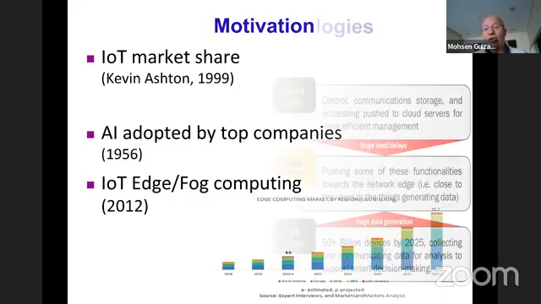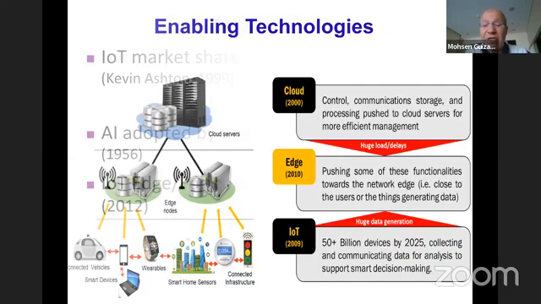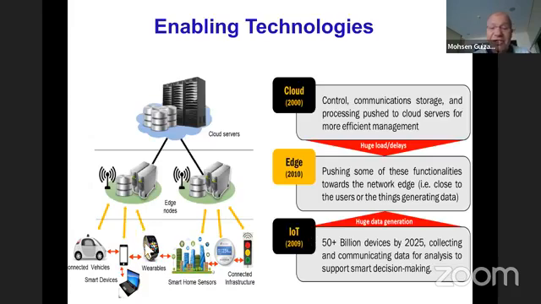and has proliferated in different applications. The enabling technologies of these are IoT devices, as you can see on the bottom of the slide, that collect data from different applications. In normal circumstances, this data is sent to the cloud, processed and analyzed, and decisions are made by experts for whatever applications that may be.